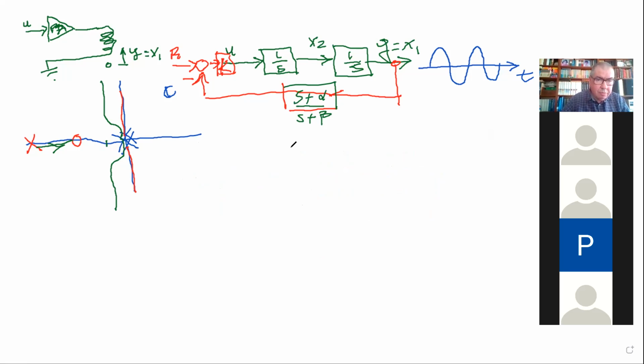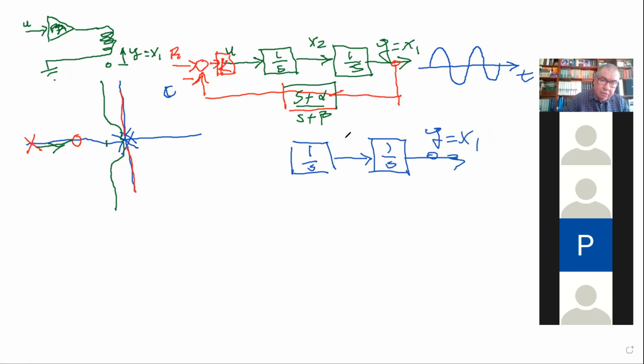So I have my 1 over S here, 1 over S. And then I do a feedback of the output and also of the velocity, of the position and of the velocity.